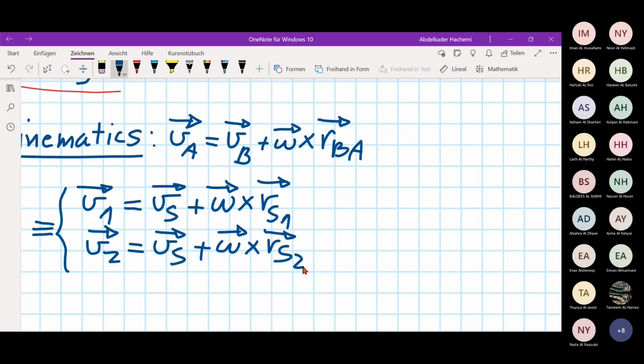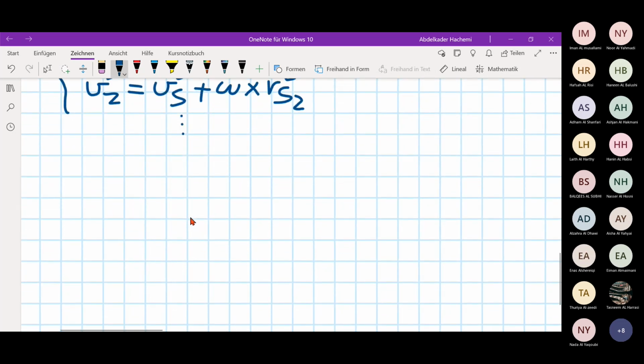And this is the same for all positions, RS4 and so on, for the masses M3 and M4.